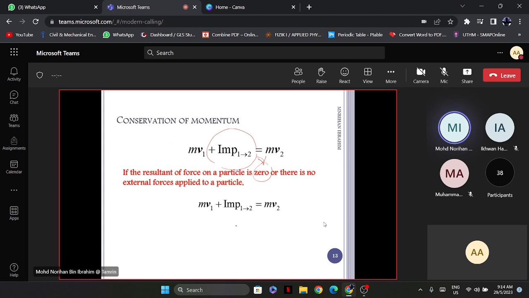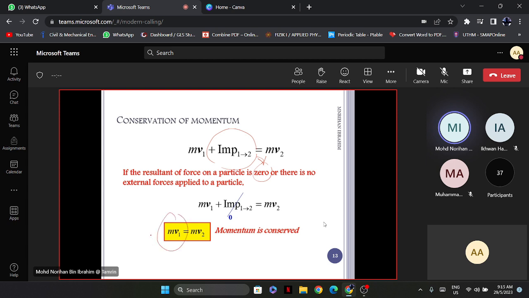Then m v1 is equal to m v2. This means that the momentum is conserved if no external forces apply to the particle. The momentum of the system is conserved.